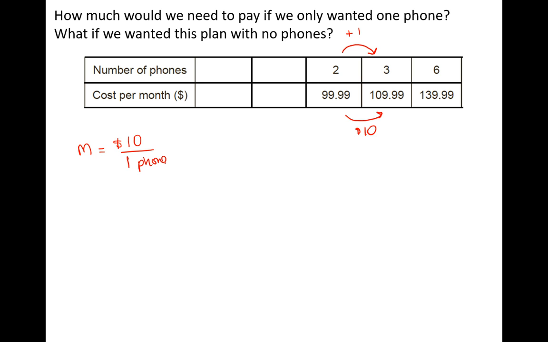So if we want one less phone, we could subtract $10. That would give us $89.99. And if we subtract again, we get $79.99. So we can continue this pattern down until our X row is all the way down to 0.